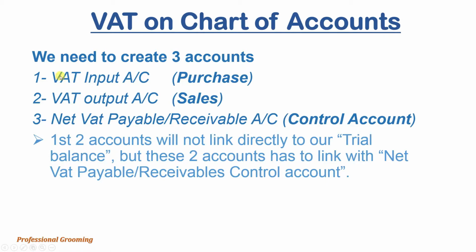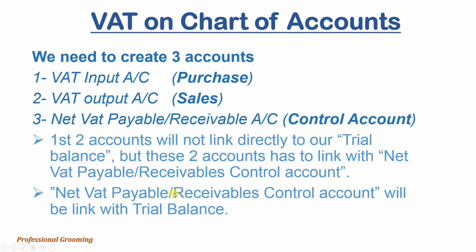The first two accounts, VAT input and VAT output, will not link directly to our trial balance. But these two accounts have to link with the Net VAT Payable Receivable control account, which will be linked with the trial balance.